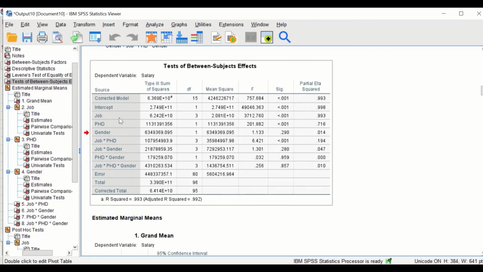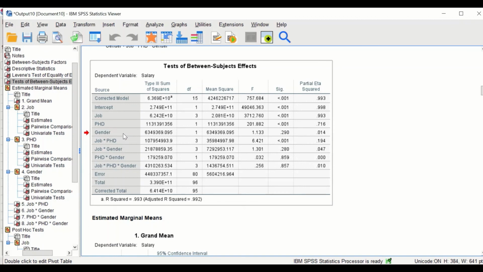For the job factor, there is a significant difference in terms of the salary earned among the 4 different groups: doctors, dentists, pharmacists, and nurses. For the PhD factor, there is again a significant difference in the salary earned for those who have a PhD compared to those who do not.